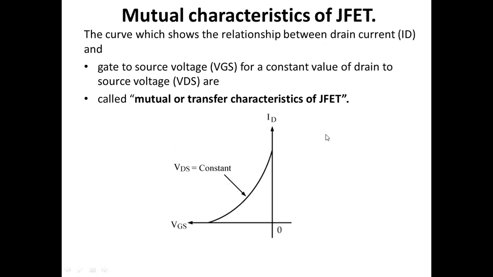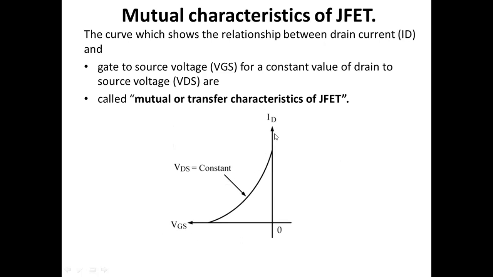Next, mutual characteristics of junction field effect transistor. Here, the curve shows the relationship between ID and VGS, with VDS constant, known as mutual characteristics. ID is the output current, the drain current. This drain current mainly depends upon VGS, the input voltage.